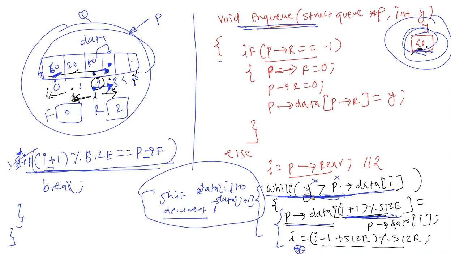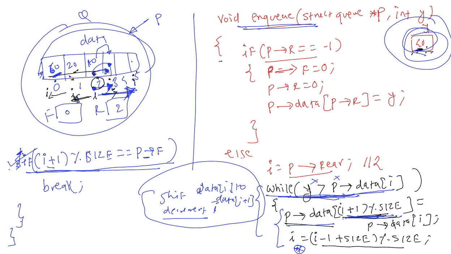So the first condition is when we'll stop shifting. The second condition is the next location to I. See, the next location for shifting we are checking in this direction, that's why I plus 1 mod size. Next location for inserting is in this direction, that's why we are doing I plus 1, right, and the next location to compare is in this direction, right?